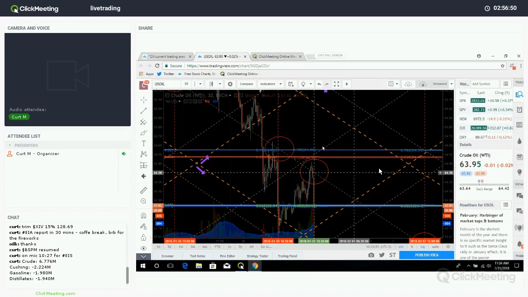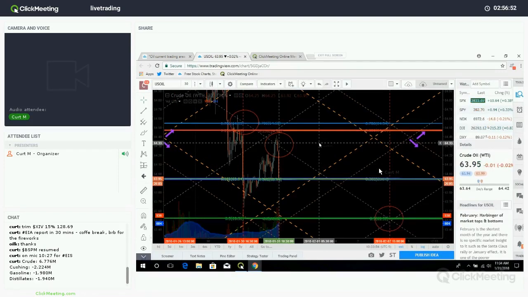So not great action, but as long as it holds calm. Calm is the important thing for my particular positioning in my portfolio.